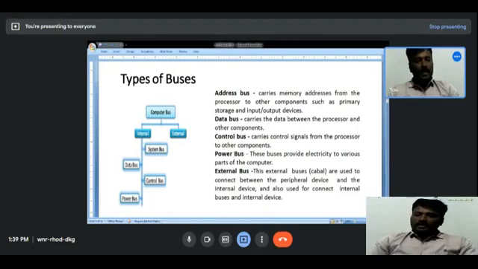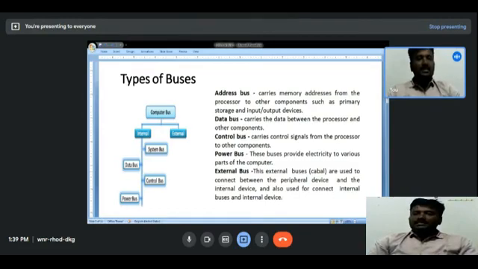Next one is the control bus. The control bus transfers control signals, electrical pulses, for example, read, write, and this kind of control signals, to different parts of the computer. Another one is the external bus.